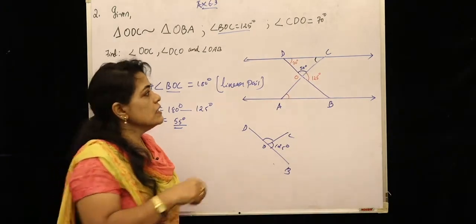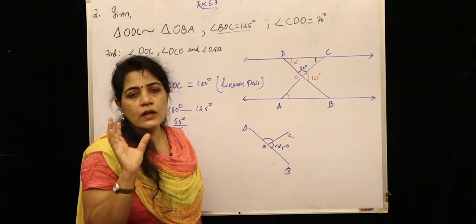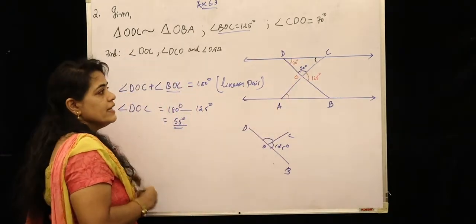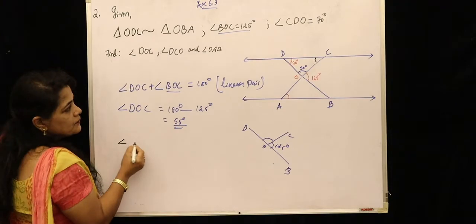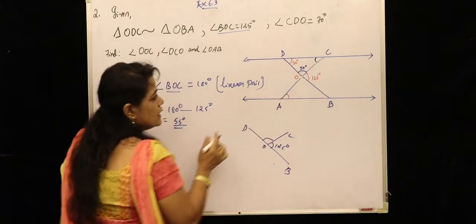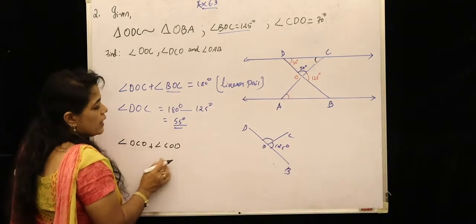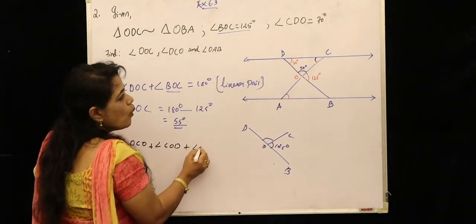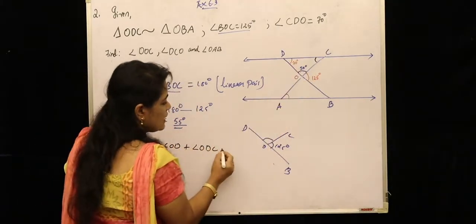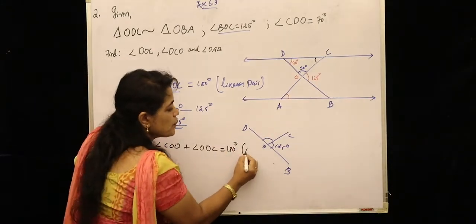Two angles are known, one is 70 degrees, and now we got this angle. The sum of all three interior angles is 180 degrees. So what will be angle DCO? Angle DCO plus angle COD plus angle ODC, these are the three interior angles, so that will be equal to 180 degrees by the angle sum property.